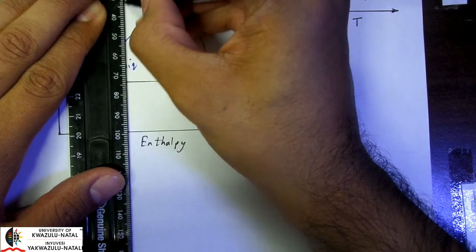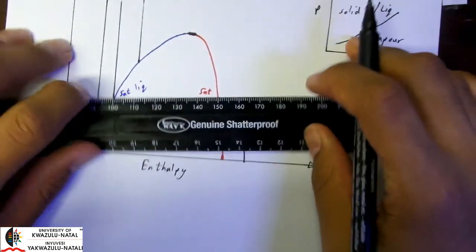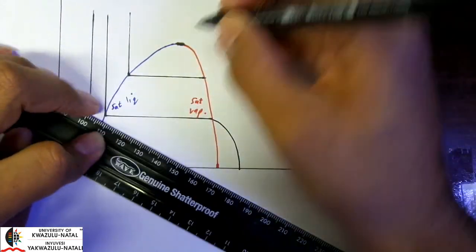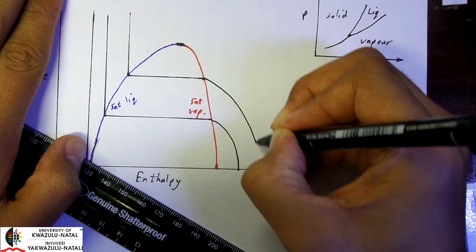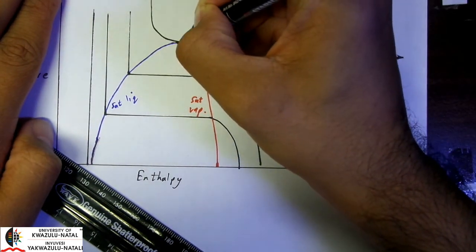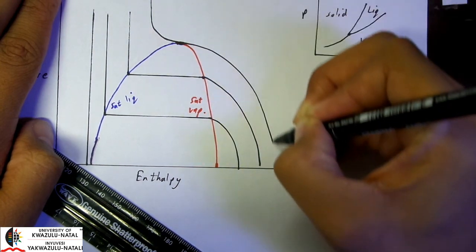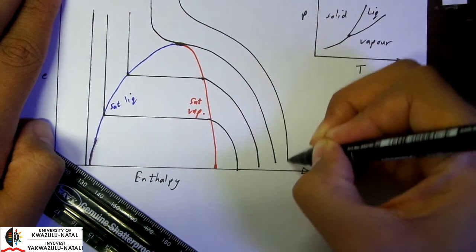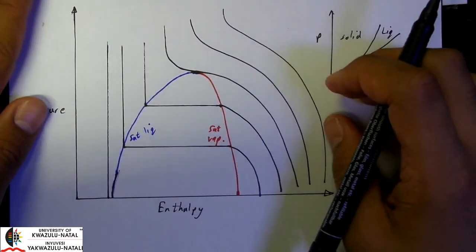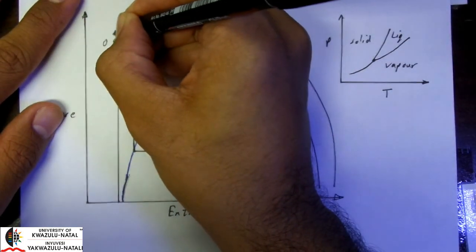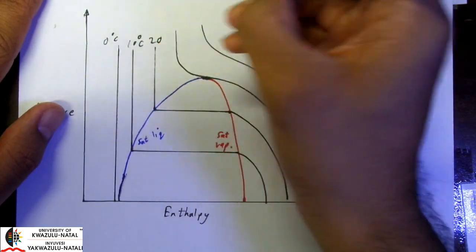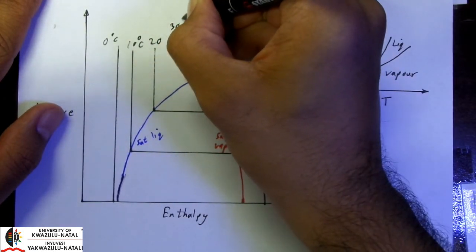I'm just going to draw a few just to show you the form, and then we can explain it later. Okay, and these would be, for example, 0 degrees, 10 degrees, 20 degrees, 30 degrees, etc.